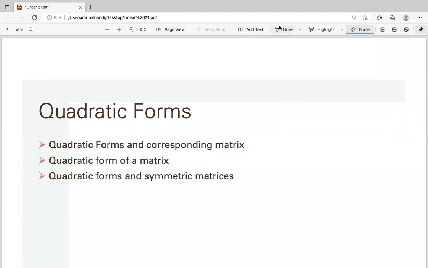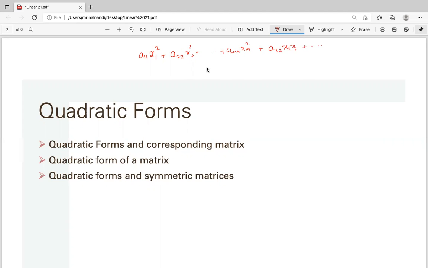So what is quadratic form? The quadratic form is like, say, a11 x1 squared plus a22 x2 squared, or say ann xn squared, then a12 x1 x2, like that.